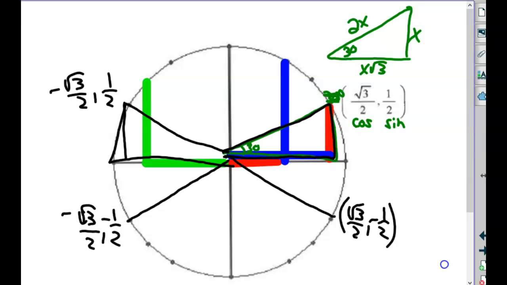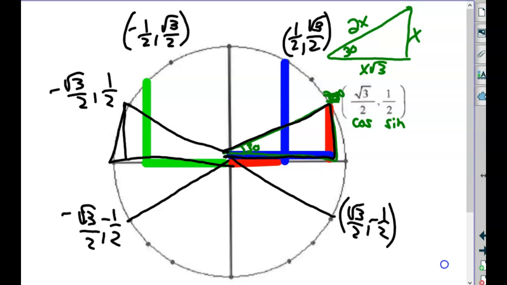But there are actually four more that are the same size. They're just drawn backwards. Do you see how the blue and the red switch when you go up to 60? It's shorter over and longer up and down, right? So this time I went over only 1/2, but up square root of 3 over 2. And I do the same thing over here. Which one's negative in this quadrant?